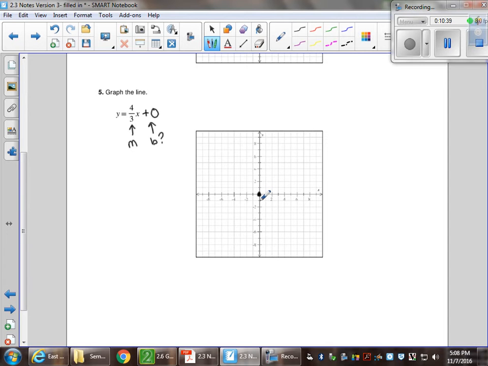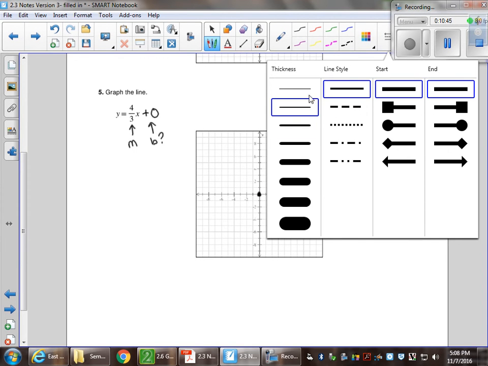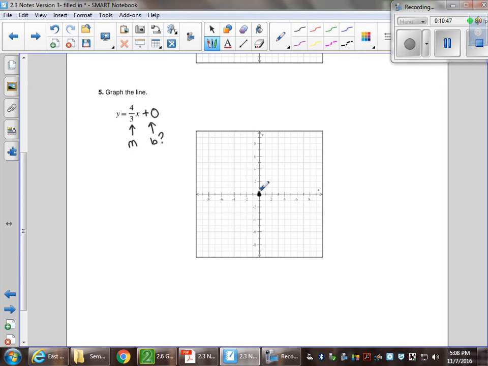That is my y-intercept. So from here, let's use our slope. And just in case it helps, I'm going to do those little guide bubbles again. Now, my slope is positive, so let's get our mental picture. Is it increasing or decreasing? Circle 1. You should have circled increasing. So if I go up 4, 1, 2, 3, 4.